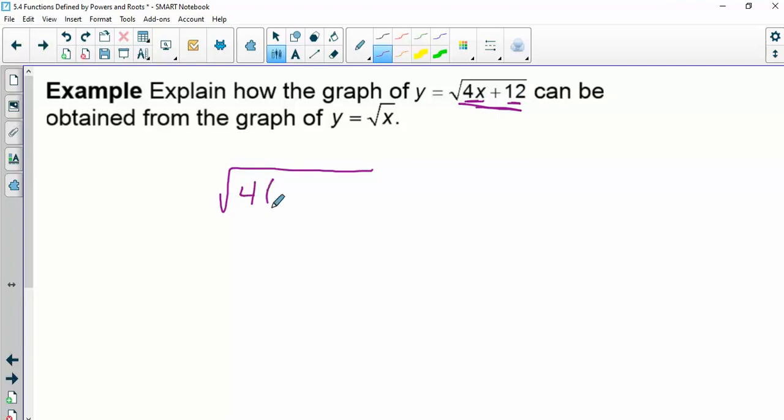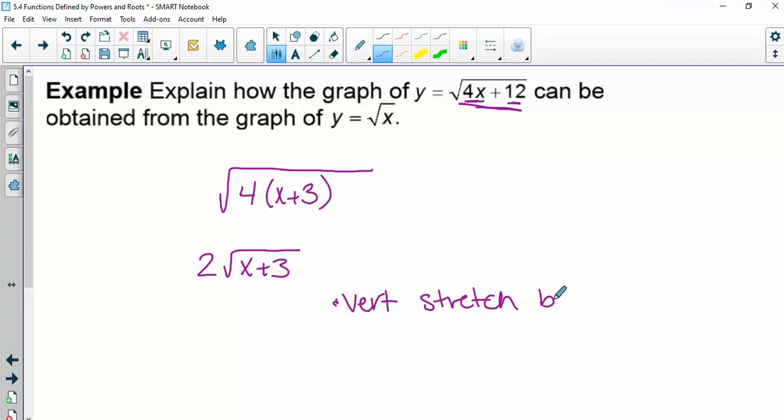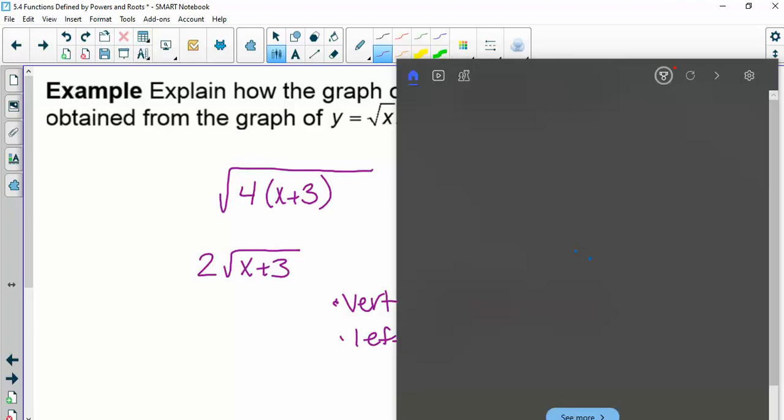Okay. And if you take that out, you have an x plus 3, correct? Can we do the square root of 4? Yes. It'd be stretched by 2. Stretched by 2, left 3. Vertical stretch by 2 and left 3.